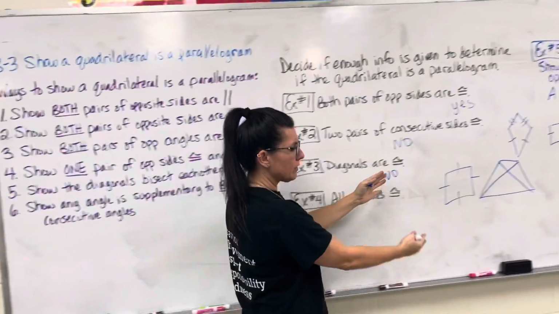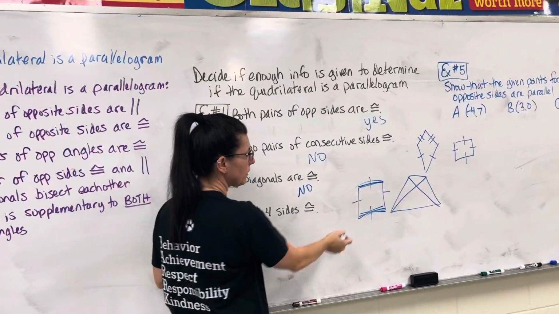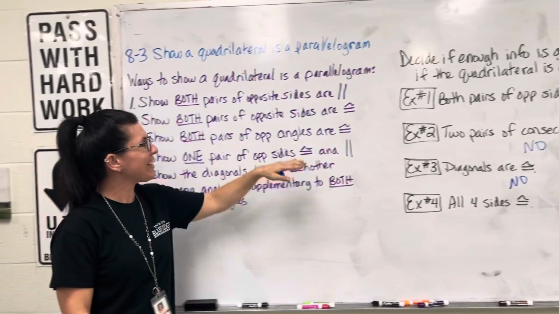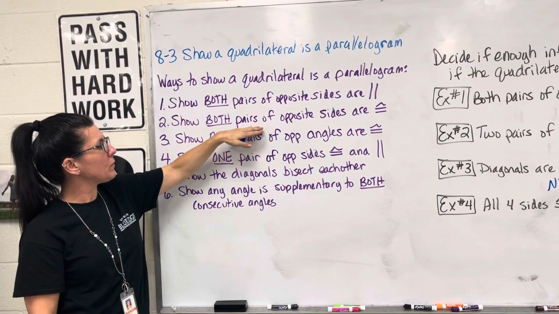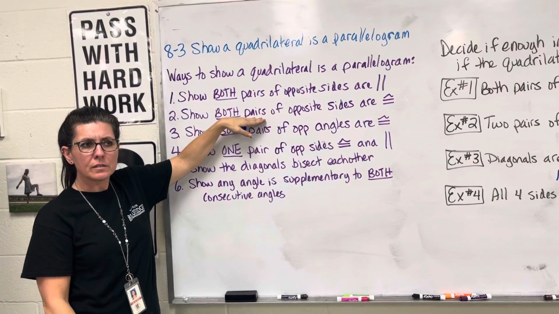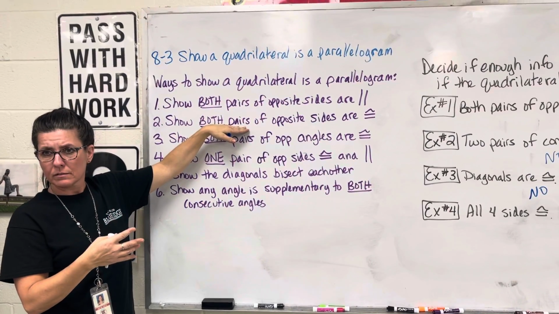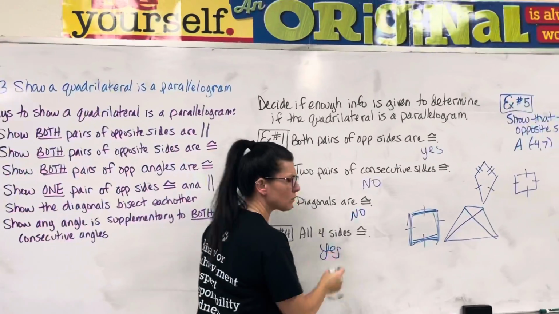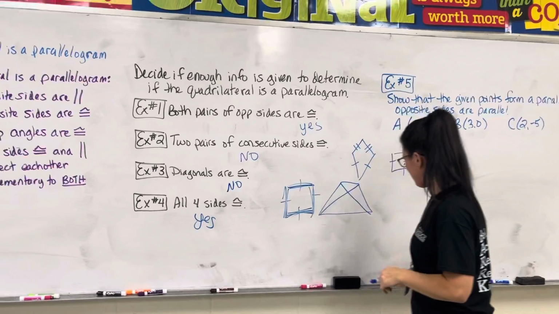Look at my picture. Are these opposite sides congruent? Absolutely. Are these 2 sides congruent? Absolutely. So just because it's not exactly spelled out, by saying that all 4 sides are congruent, this scenario is true. This is a good example of don't just read it, understand what it's saying. So this last one is a yes. Looks like some of you were shaking your heads no. Does that make sense? Okay.